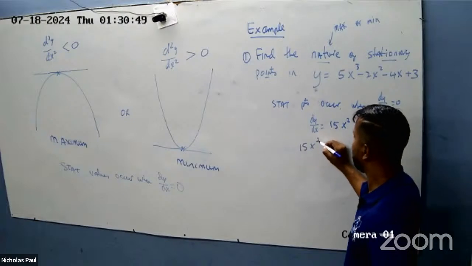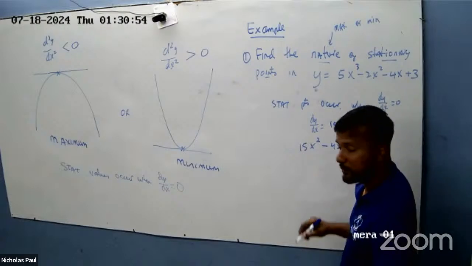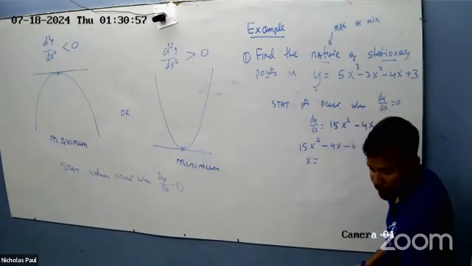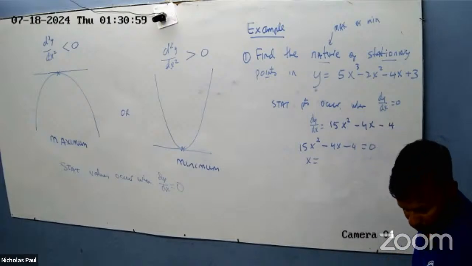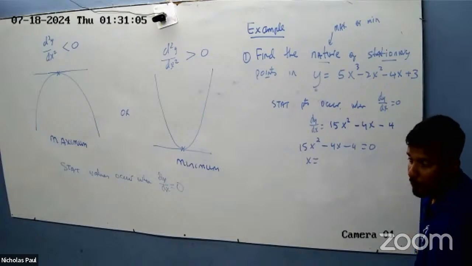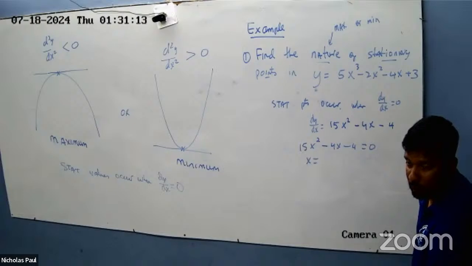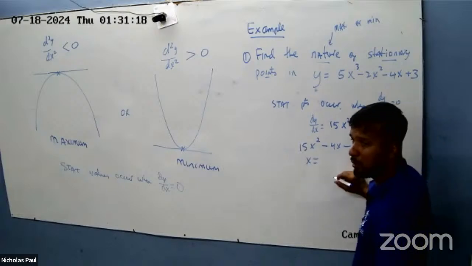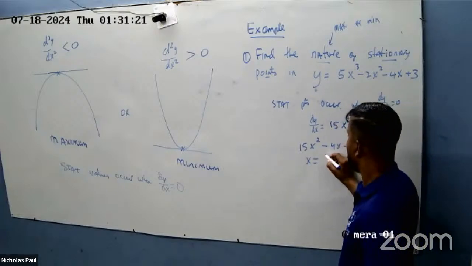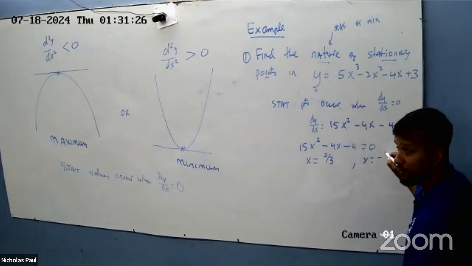Next, take 15x squared minus 4x minus 4 and make it equal to 0. Use the calculator again. x is what? x is 2/3 or minus 2/5.